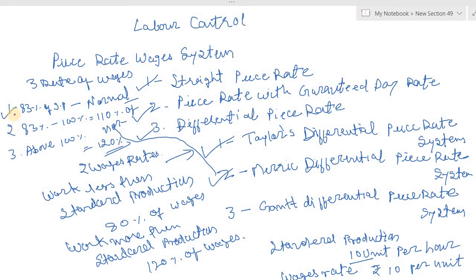When the worker produces 83% of standard production, he will get the normal rate of wages. If production is above 83% and below 100%, the worker will get 110% of normal wages. And after 100%, the worker will get 120% of normal wages. No guarantee is given of daily or time rate wages under Merrick system. Every worker is thus paid wages according to his output only.